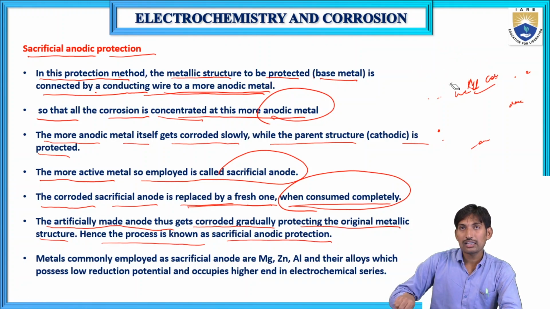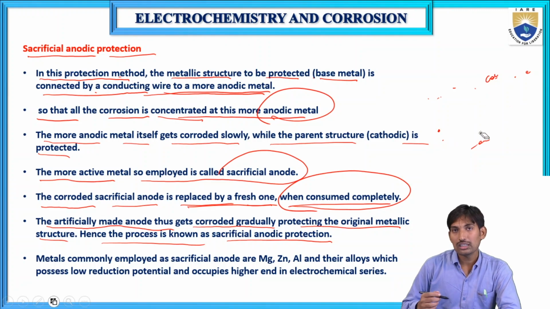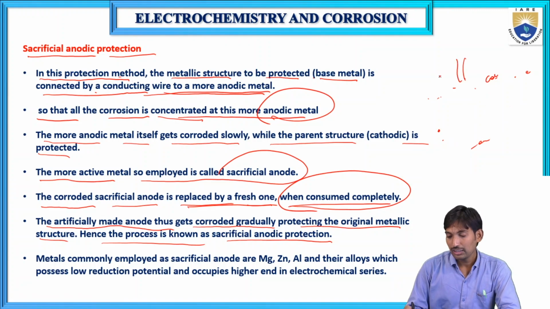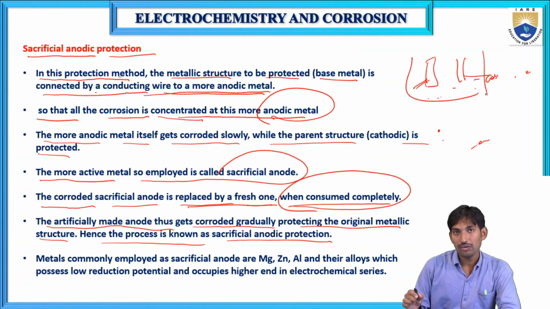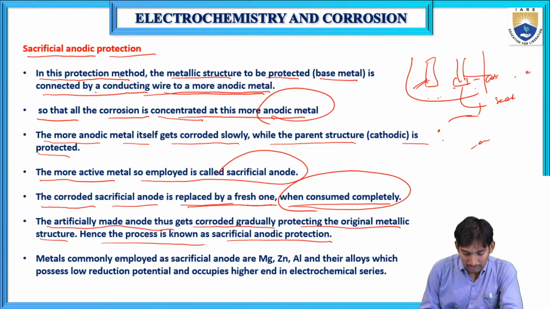Why do we call this sacrificial anodic protection? The anode continuously undergoes oxidation and is corroded, and it protects our base metal, which acts as the cathode. In this way our base metal is protected, and the anode sacrifices its life. So this is called sacrificial anodic protection.